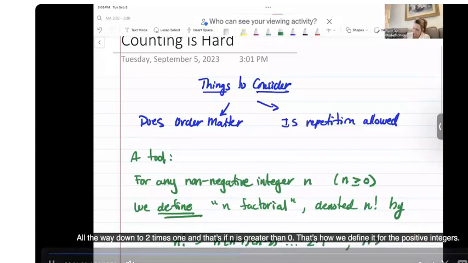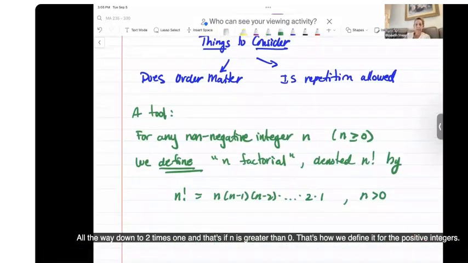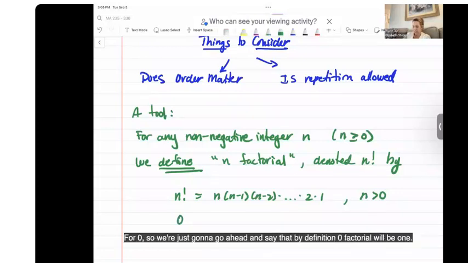And that's if n is greater than 0. That's how we define it for the positive integers. I did want to be able to define this for all non-negative integers. This expression up here doesn't make sense for 0, so we're just going to say that by definition, 0 factorial will be 1.